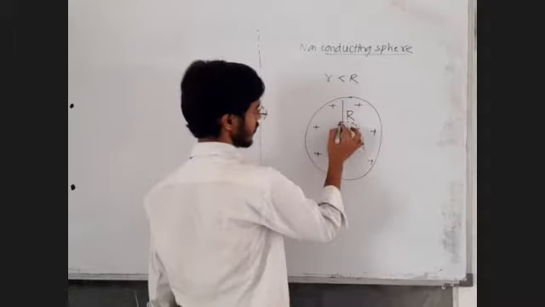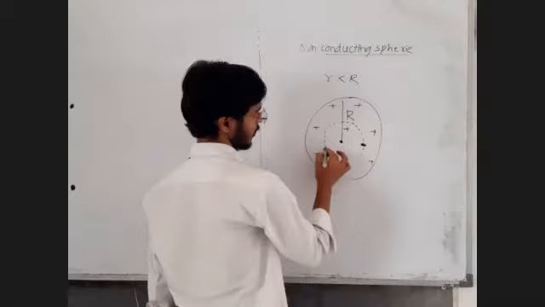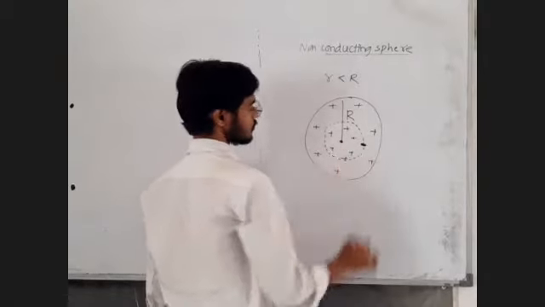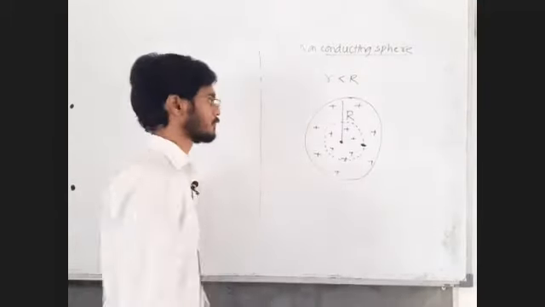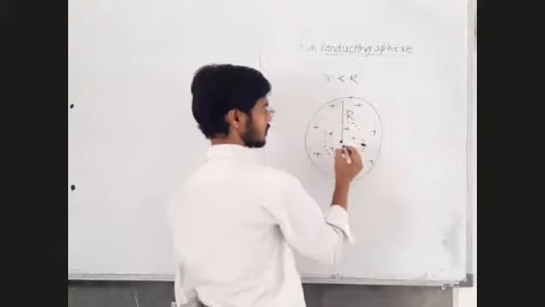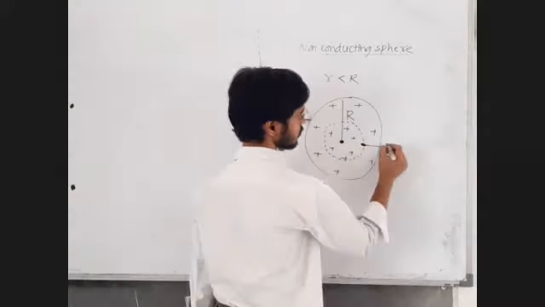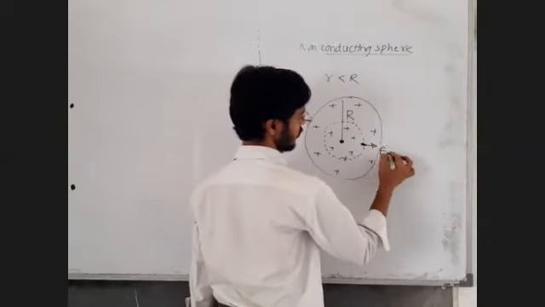So the Gaussian surface should be passing through the given point where you want to find the electric field intensity. Of course, some charge is definitely enclosed. Because of the symmetry of the system, the electric field should be away from the center. This is our electric field.